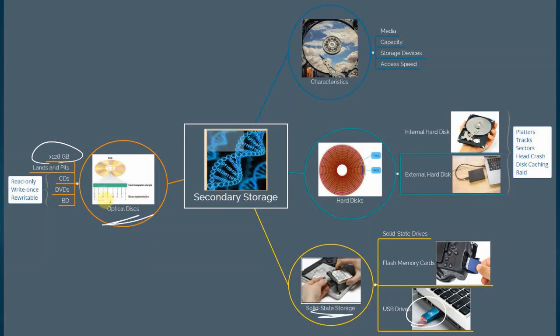And how does it work? Optical disks use what are known as lands and pits to represent data. So you can have a pit, and then you can have a land on your optical disk as you're reading it and it's spinning.